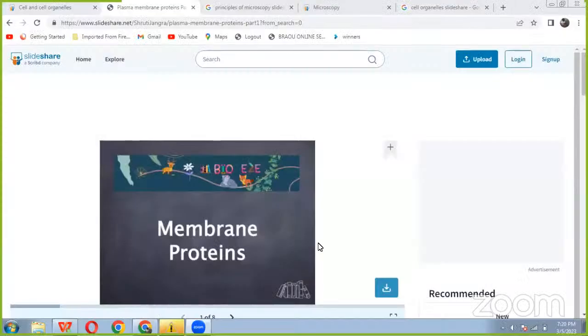Some are membrane proteins also. These are the membrane proteins.